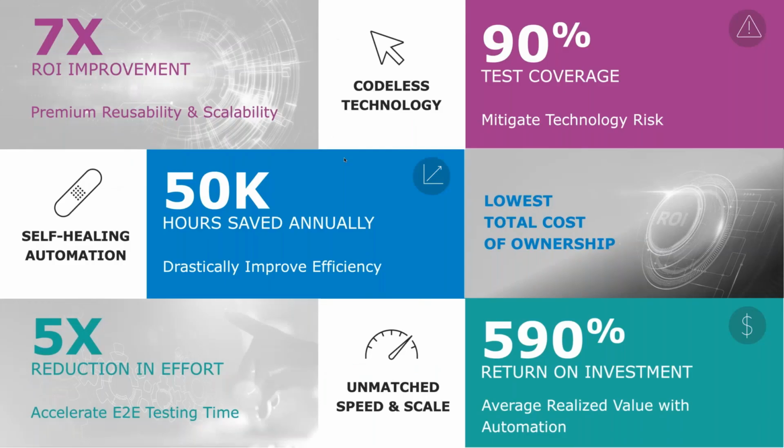And then here's some more benefits overall over a larger customer base, right? So we have hundreds of customers that have actually implemented intelligent automation. And again, the idea there is to improve ROI, right? Reduce manual effort 5 times, get a 590% return on investment. And all of these things, we can actually document with numbers, right?